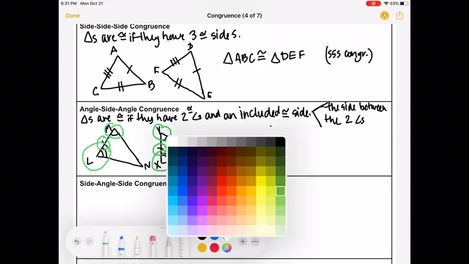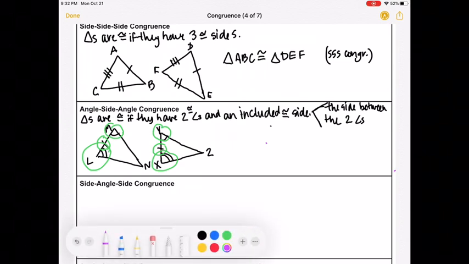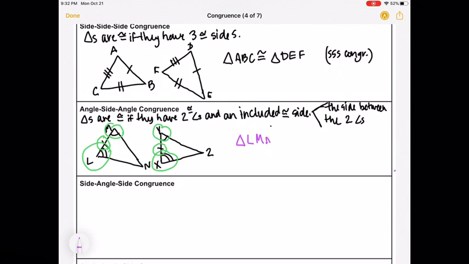All right, so for my congruence statement, I would say that triangle LMN is congruent to triangle, and I want to make sure these letters that are congruent match up.